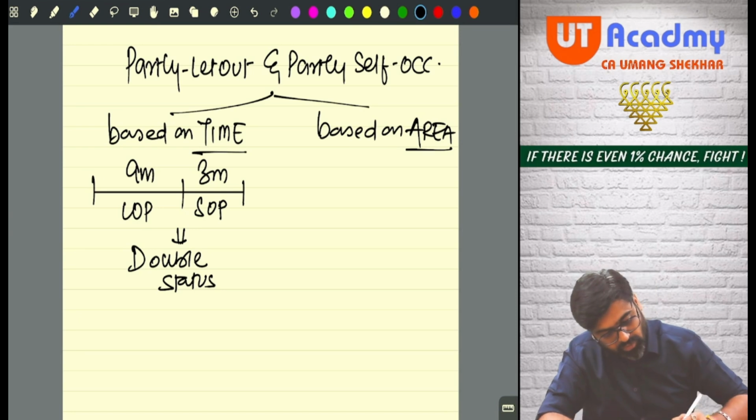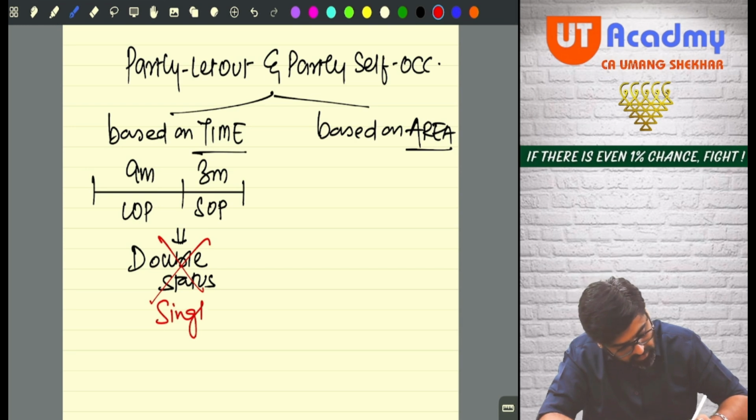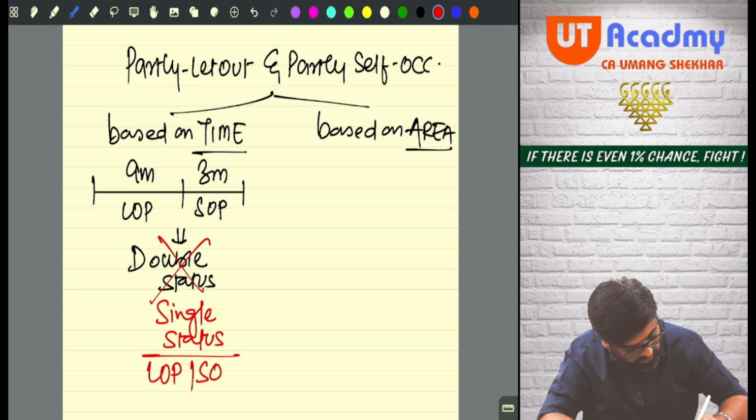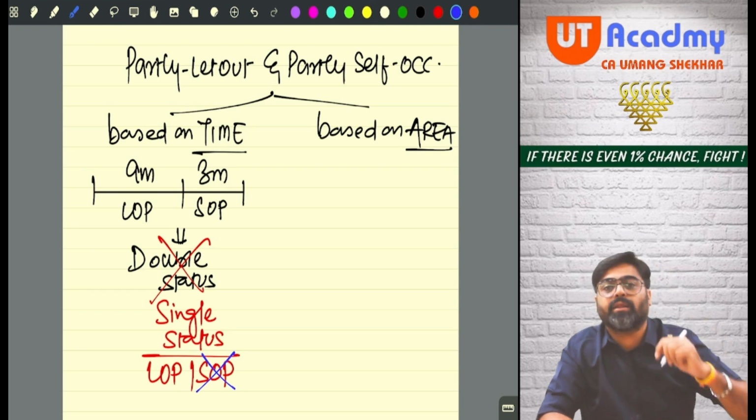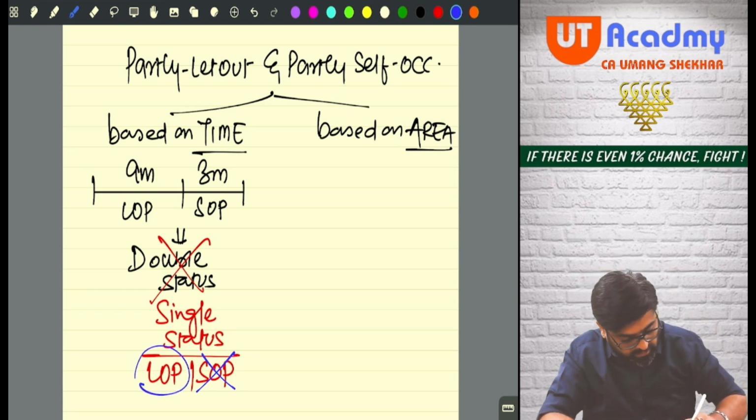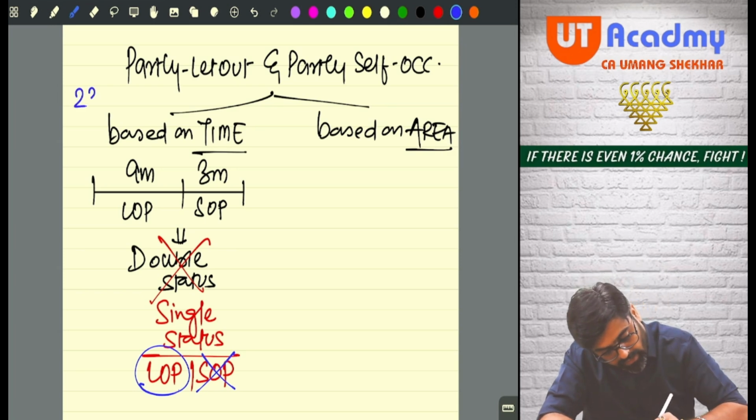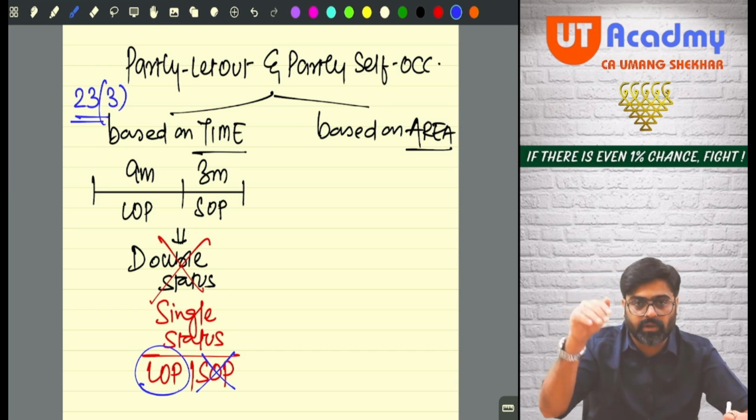Getting my point? So here double status cannot be given. Only single status. And that single status cannot be SOP because you have started taking the benefit. The status will be LOP. And this is written in section 23 subsection 3 based on time.